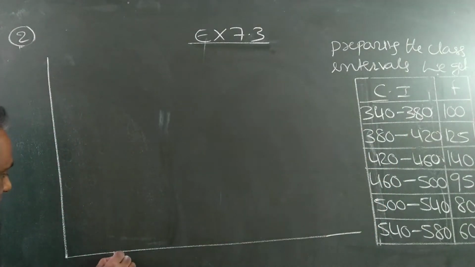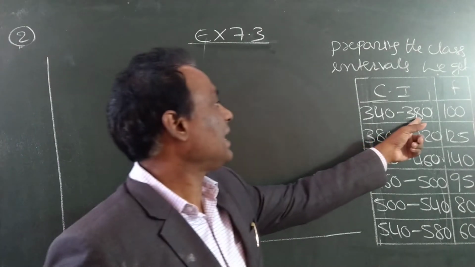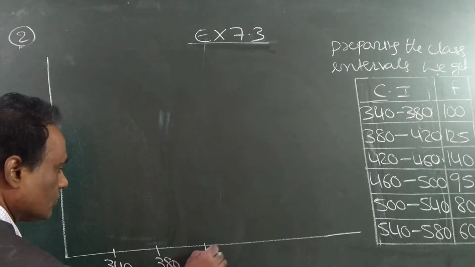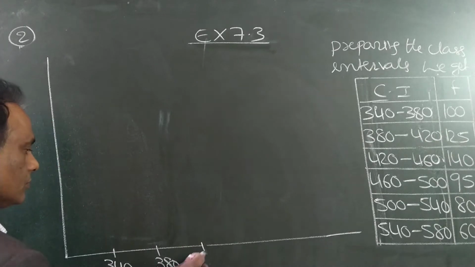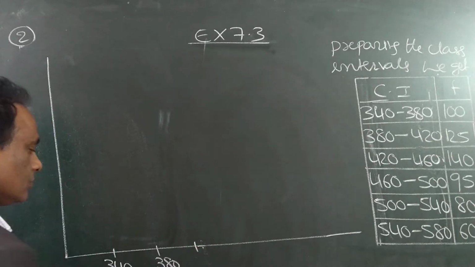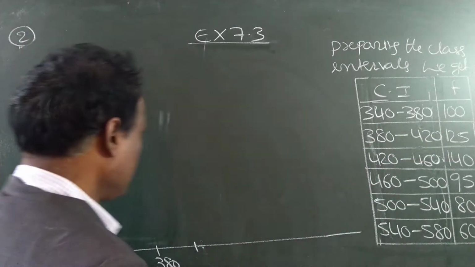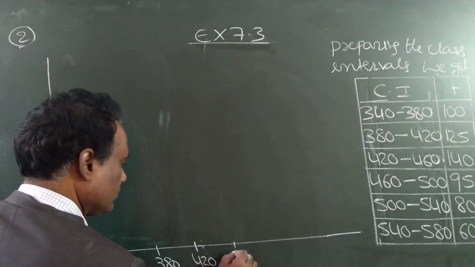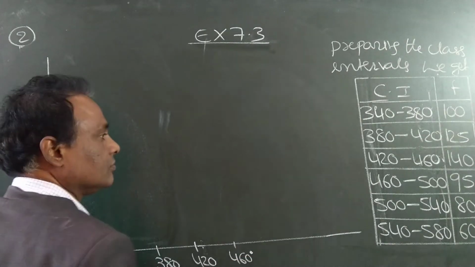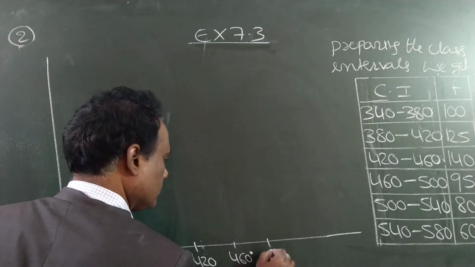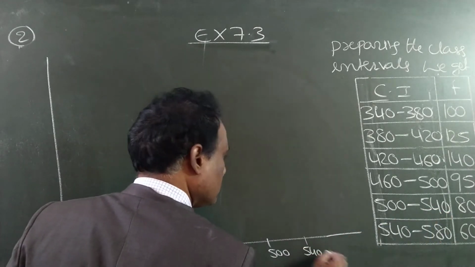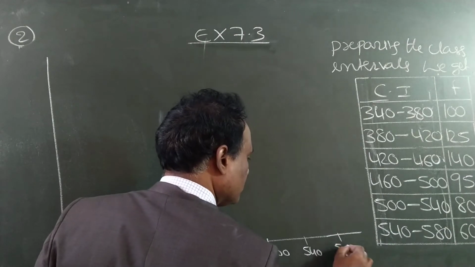Suppose I will take 340 here. 380, 420, 460, 500, 540, 580.